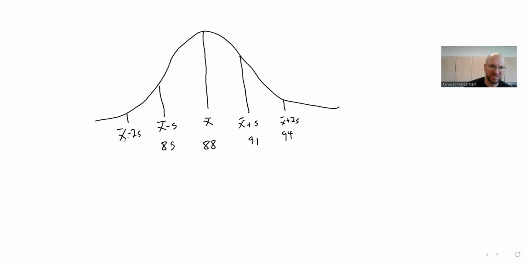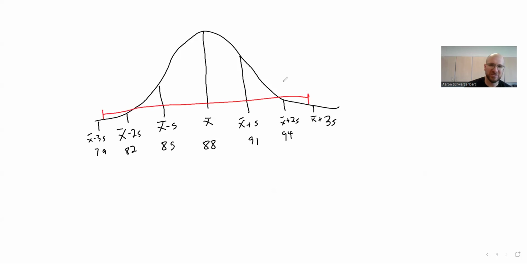So standard deviation is 3, X bar 88 minus 2 times 3 is 82. 79. Then we're going to do 3 standard deviations, and we'll call it 3 standard deviations away is between X bar minus 3S and X bar plus 3S.